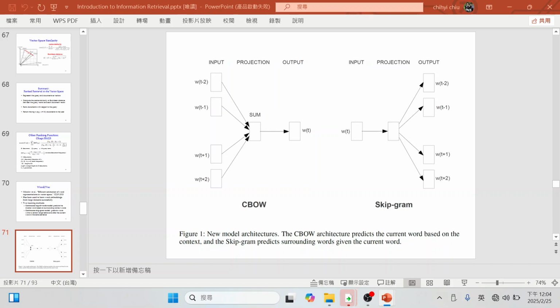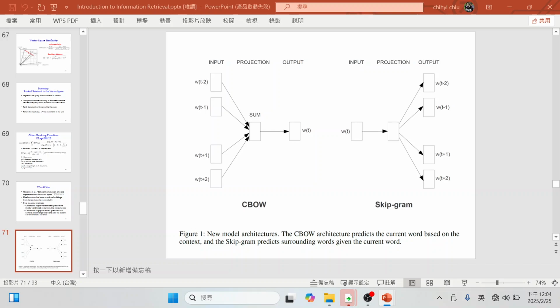The second model is called skip-gram. In skip-gram, I use this middle token to predict the surrounding tokens. Here I can use this word to predict its previous word and the next word. In their paper, they demonstrate the 2 models and compare which one is better. So maybe you can guess which one is better.